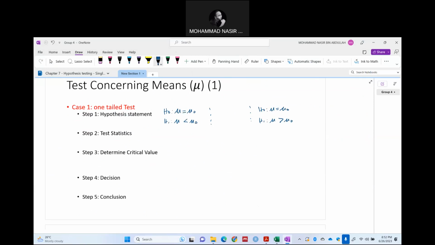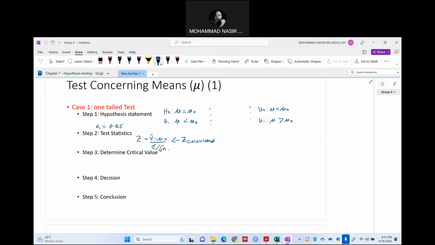Of course, we need to state the significance level, which is 0.05. Step 3, the Z statistic: Z equals X bar minus mu naught divided by sigma over square root of n. This is Z calculated.